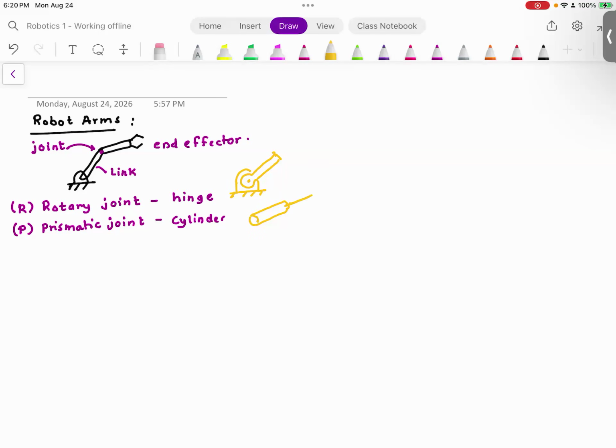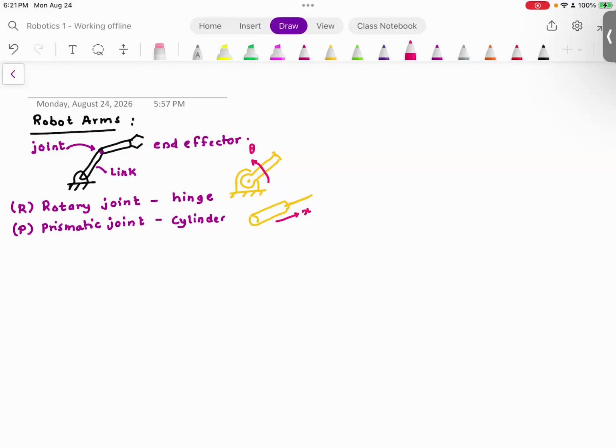As you can see, with the rotary joint, the way it moves, its degree of freedom, is in the angular direction, and a reciprocating or prismatic joint moves in the linear direction. Now, whenever you have a robot, it can be constructed by a bunch of rotary joints and prismatic joints.